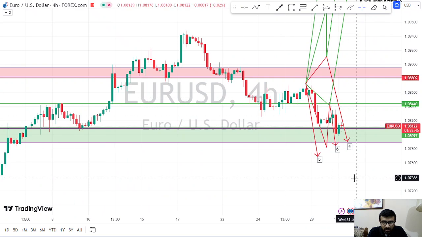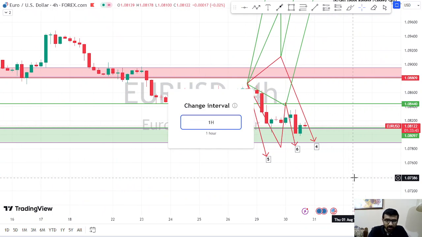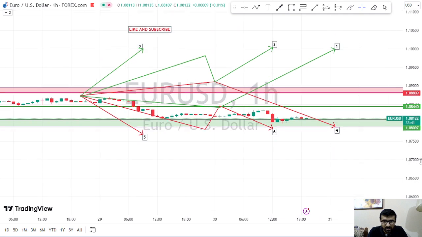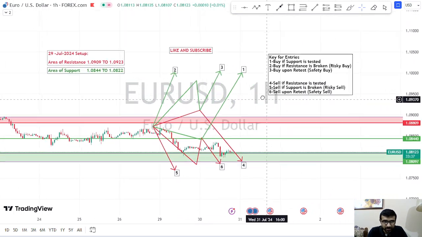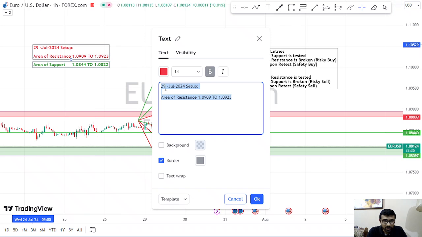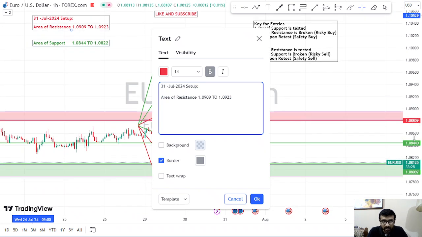Okay, so let me write down these new areas of support and resistance for you guys, and let me come back. Okay, so these are valid for 31st of July. The area of resistance is 1.0880.